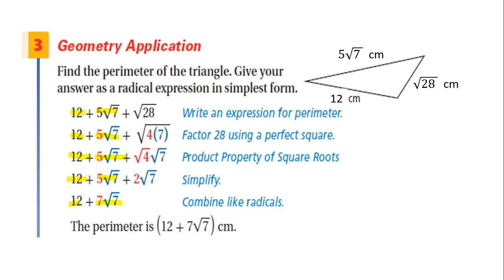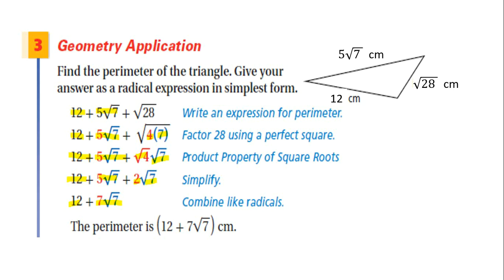Only radical 28 we can simplify, since 28 is not a prime number and it contains a perfect square, which is 4. 28 is 4 times 7. Split the root: radical 4 times radical 7. Radical 4 is 2, and radical 7, we write it as it is.